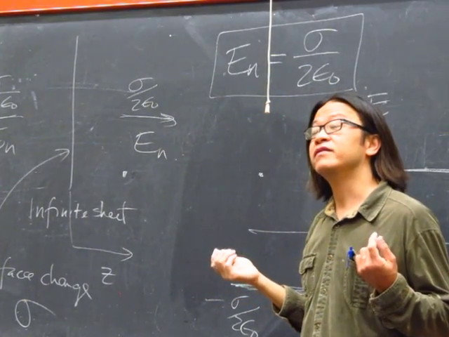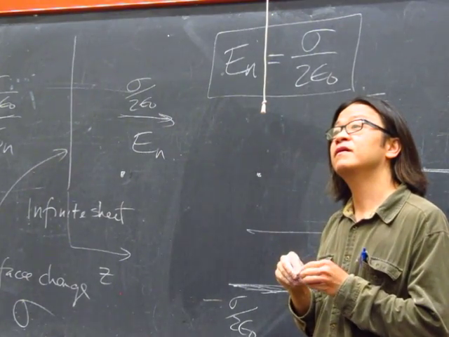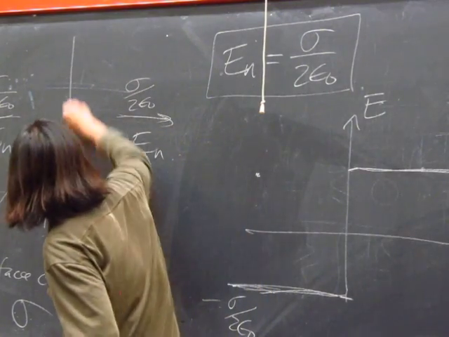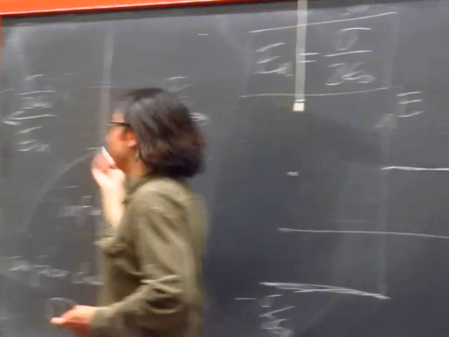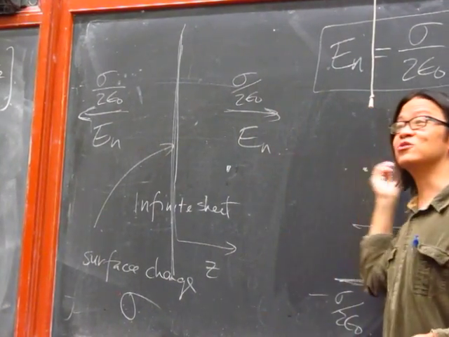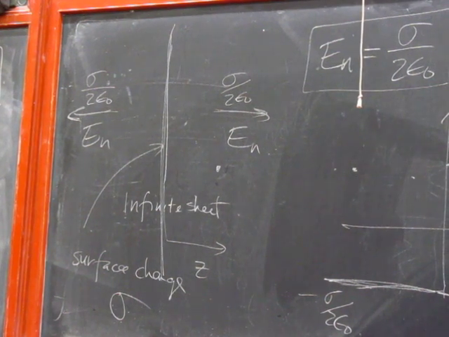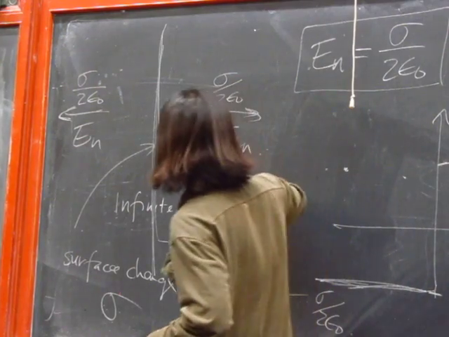You see my point? There are two arguments. First argument: if this is infinite, it doesn't really matter where you are. Things always look the same.